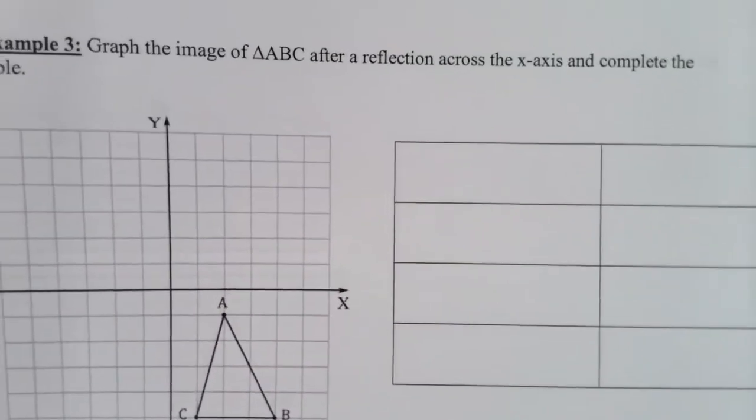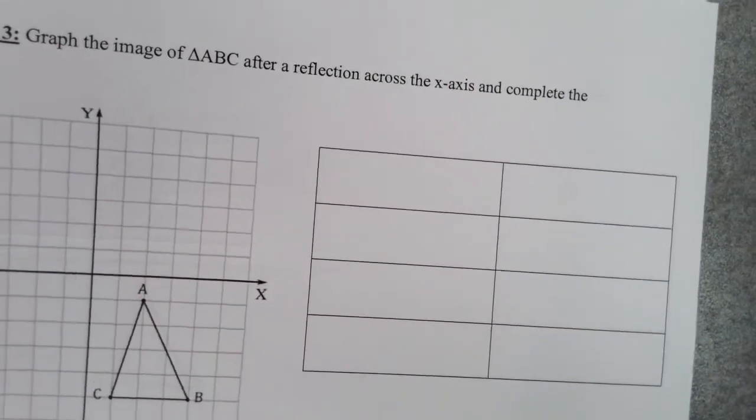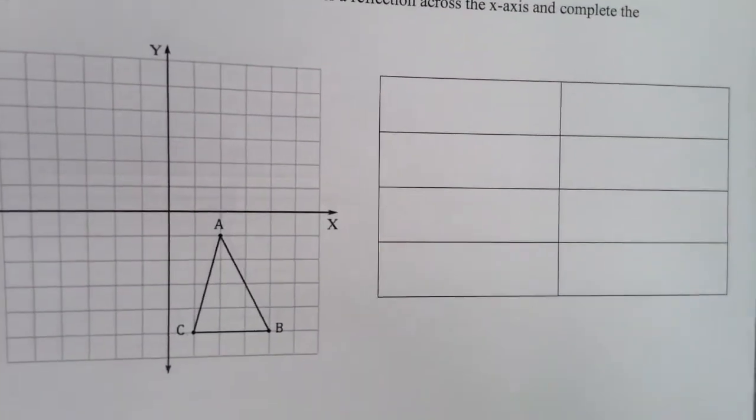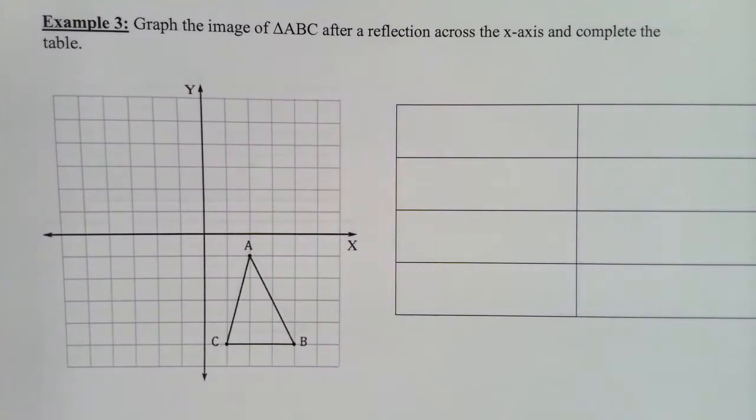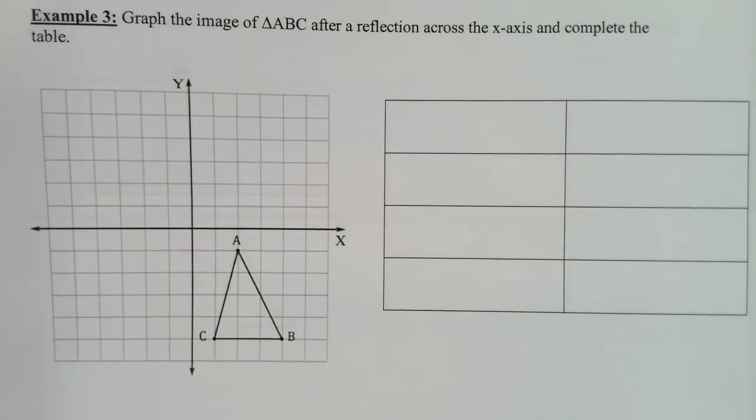Okay, example 3. Graph the image of triangle ABC after a reflection across the x-axis and complete the table. I'm going to complete the table first.